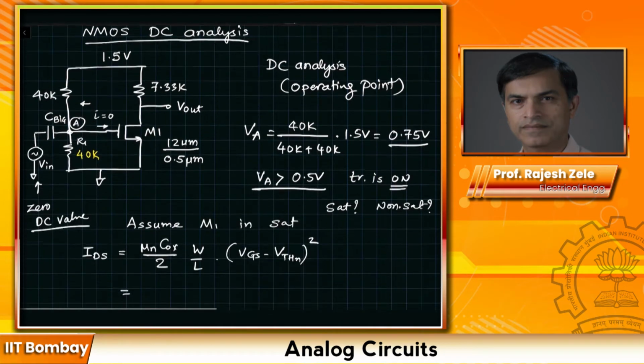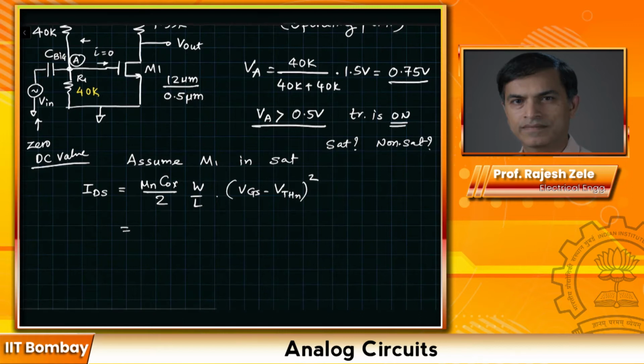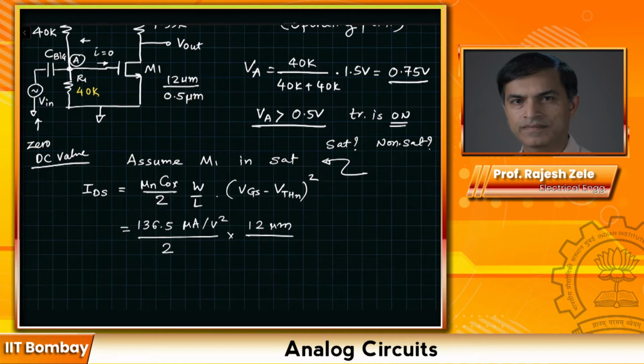So we are going to put all those things together here. In this particular case, we are ignoring the channel length modulation in the first analysis. Divided by 2, W is equal to 12 microns and L is given to be 0.5 micron, multiplied by VGS minus VTH, that would be the VGS we just calculated, 0.75 minus 0.5, squared, and that would give you volt squared.